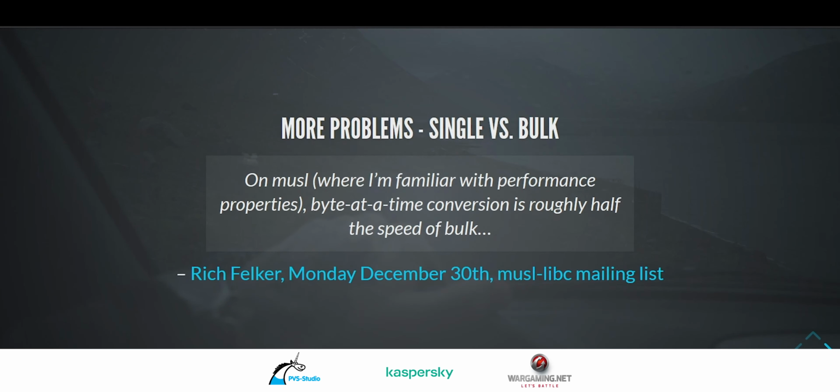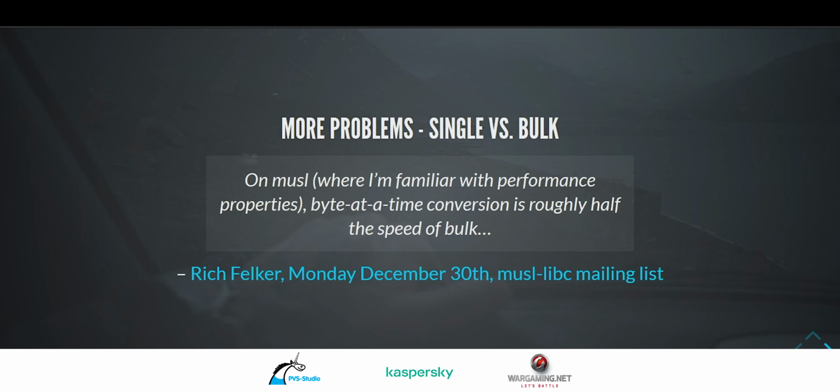What if I want to bit blast? What if I had 500,000 ASCII characters and I was converting them to UTF-8? Even if I do a direct conversion from a single ASCII code unit to a single UTF-8 code unit, that's still one at a time. I want to be able to just call std memcopy and blast that bad boy all into my output.